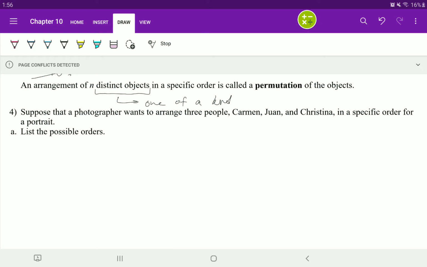Now, listing these three people, right? You can have the order of Carmen, Juan, and Christina. I can also have the order of Carmen, Christina, and Juan.